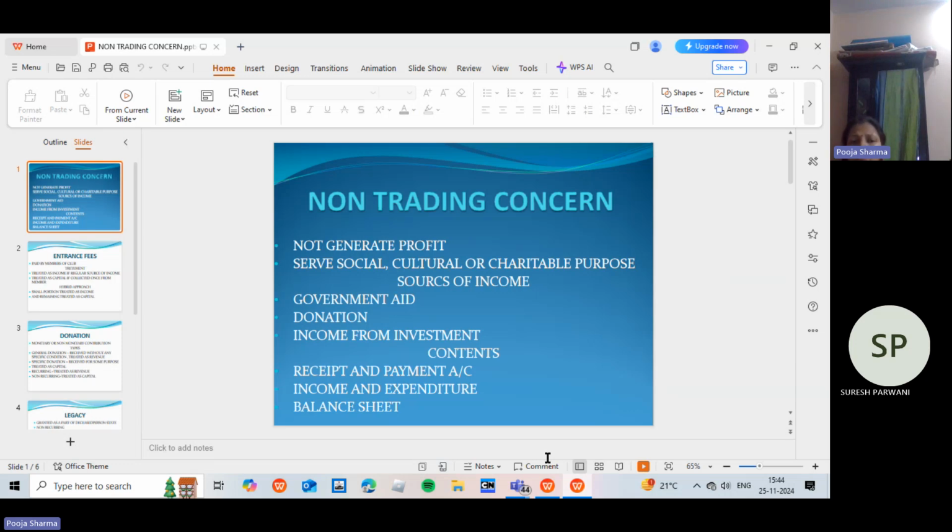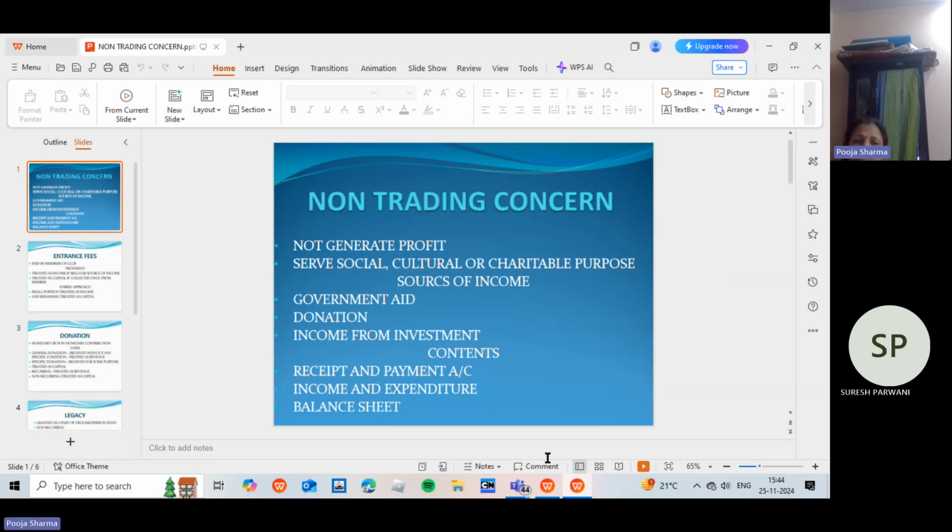Their sources of income include government aid, meaning the fund provided by government for cultural and social welfare, donations they receive from members, club members, and income from investments, meaning they invest in government securities. So they earn interest income and other income. All these incomes are used for public social welfare.